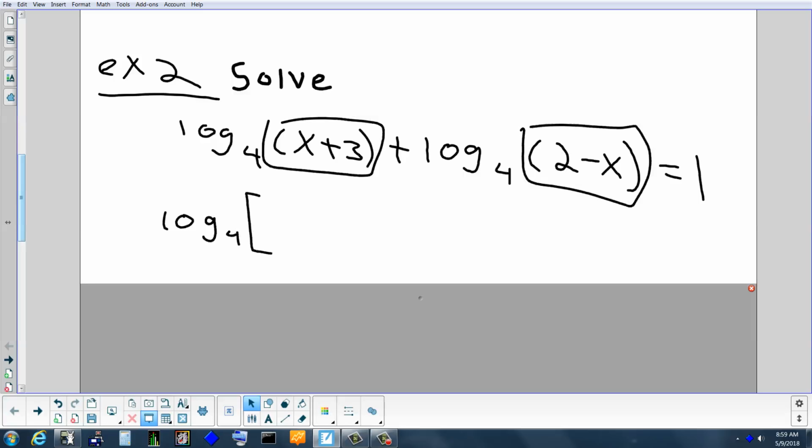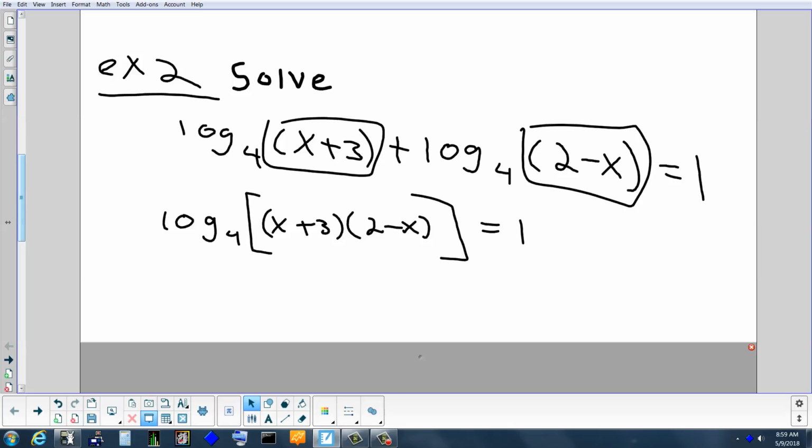It's split as a plus, so it must have been multiplication. So x plus 3 times 2 minus x. Those are multiplied together, equals 1. Now the next step is more of an algebra step. You need to FOIL that out, or distribute it. Right, so we'll distribute everything out here and then see where we go from there. All right, so that's not going to change.